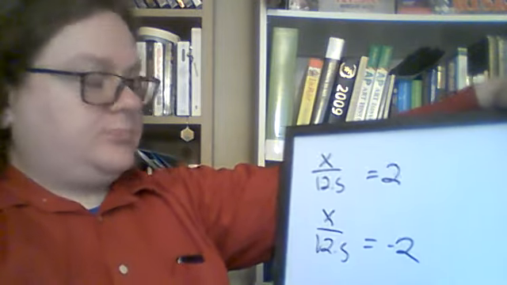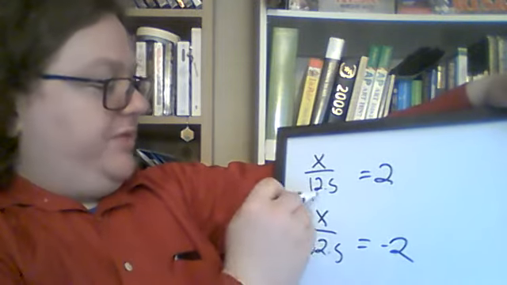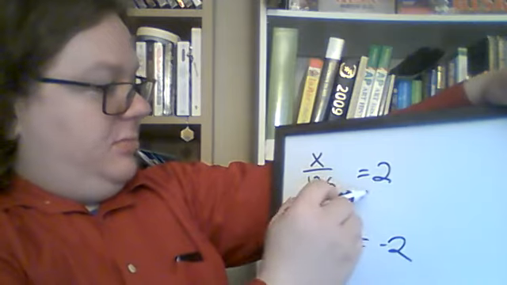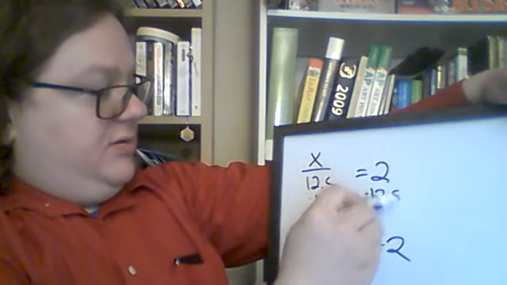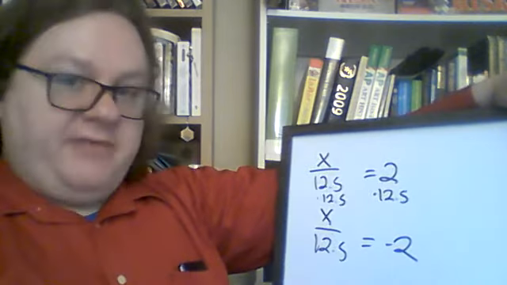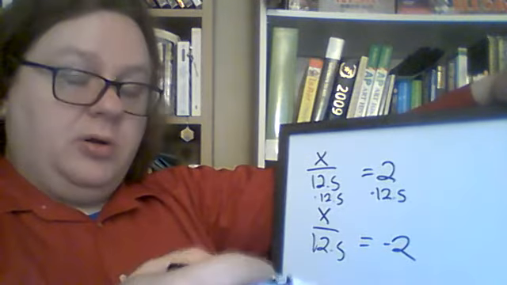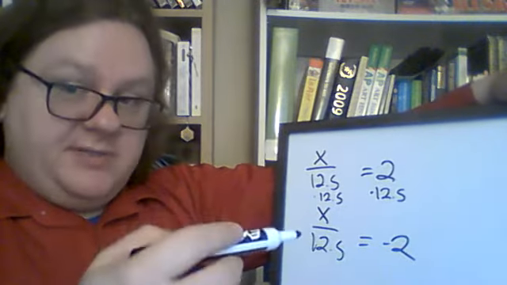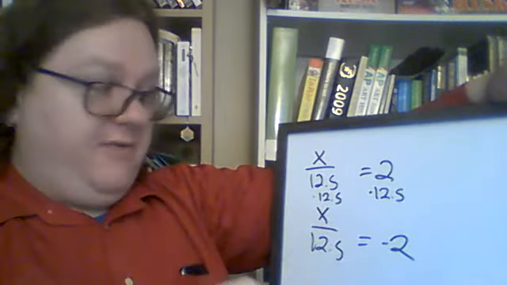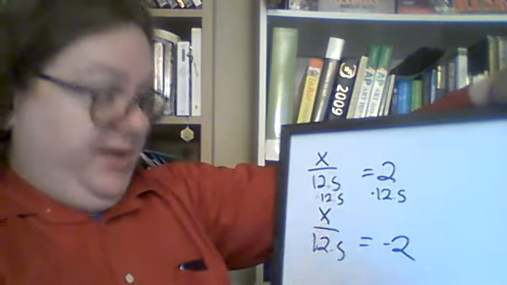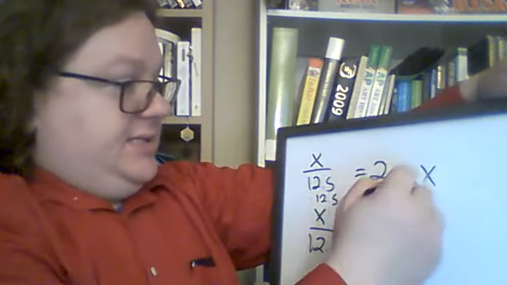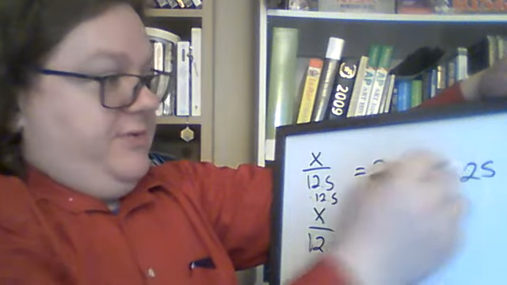Okay. So now we're going to multiply by 12.5, multiply by 12.5. 2 times 12.5 is 25. So x equals 25.